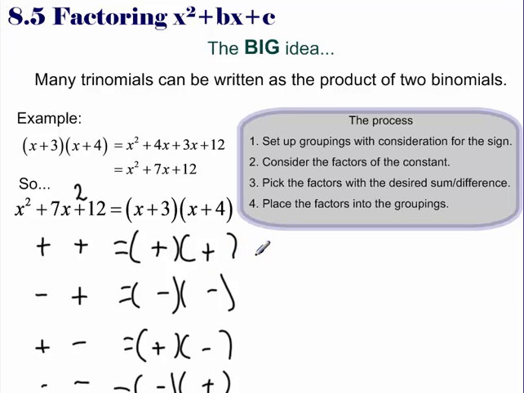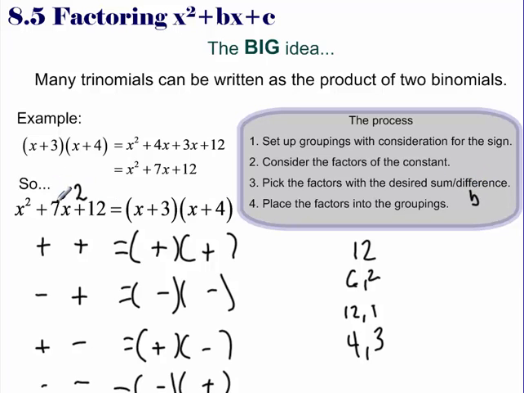Number two, consider the factors of the constant. My constant is 12. What are the factors of 12? Well, the factors of 12 are 6 and 2, 12 and 1, 4 and 3, and that's all of them. Pick the factors with the desired sum or difference. The desired sum or difference is the B term.